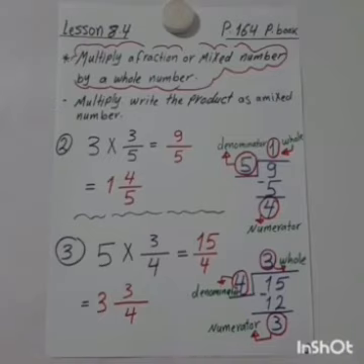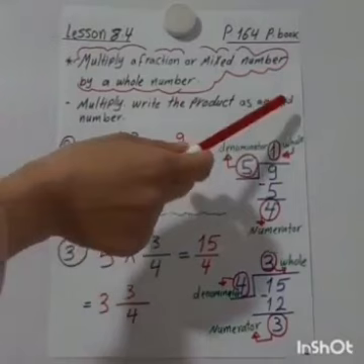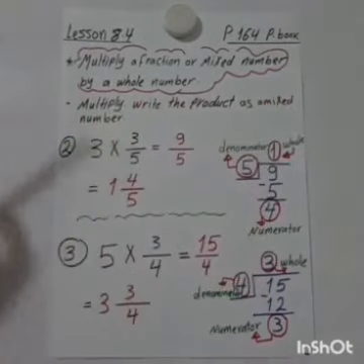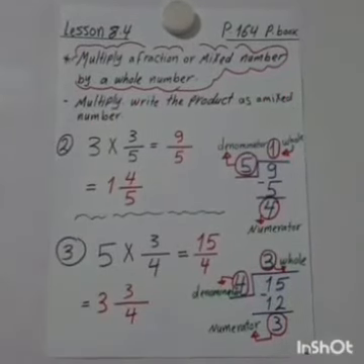It's lesson 8.4 today. Multiply, and then write the product as a mixed number. So he needs from me any fraction greater than 1, I will convert it to a mixed number.